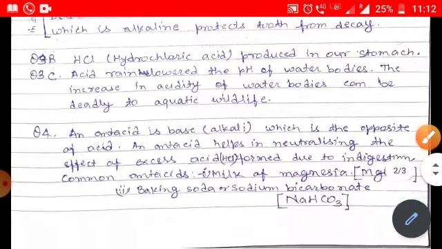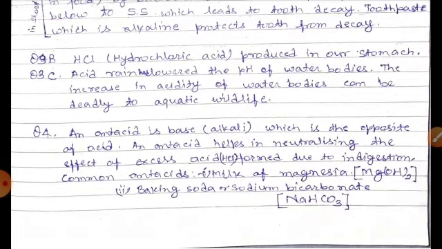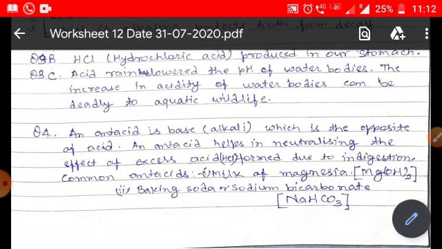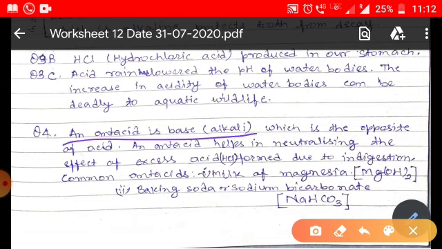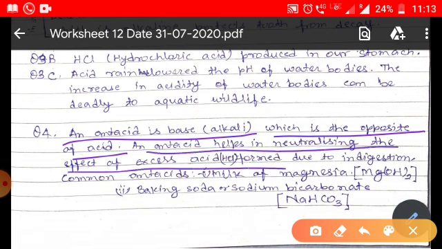Again, what is an antacid and what is its nature? How does it work? What are some examples? An antacid is a base, an alkali, which is opposite to acids, and it helps in neutralizing the effect of excess acid, like the acid which forms in our stomach.